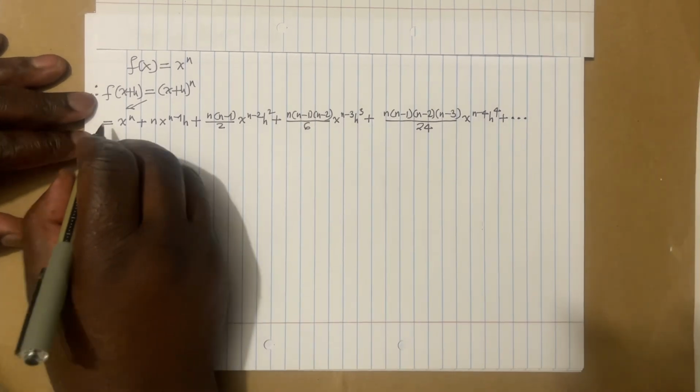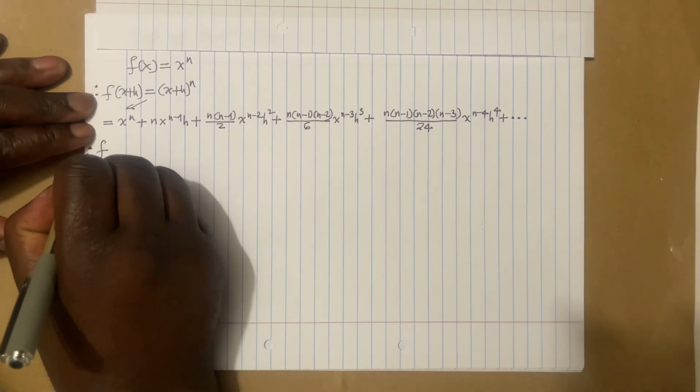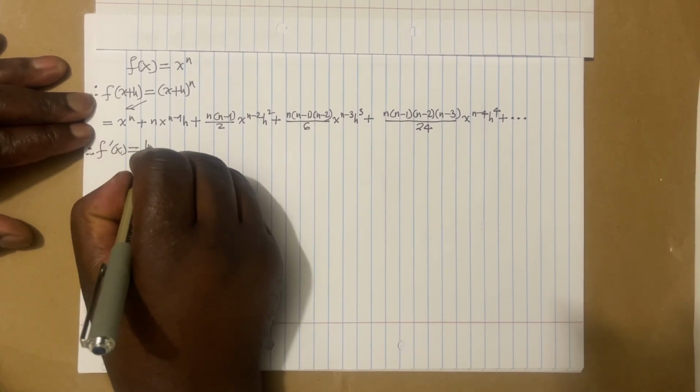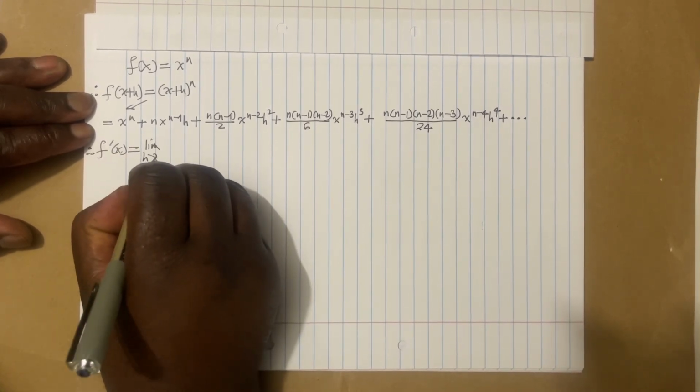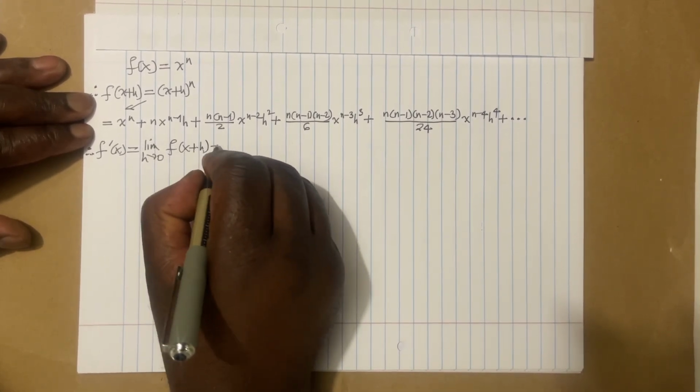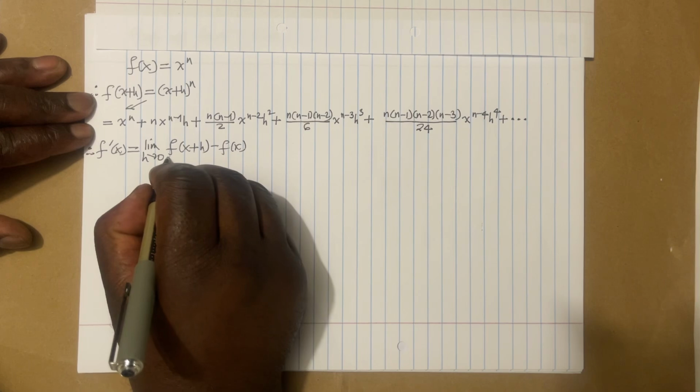Right, therefore, let's move now to f prime of x. The formula says this is going to be limit as h approaches 0 of f of x plus h minus f of x all over h.